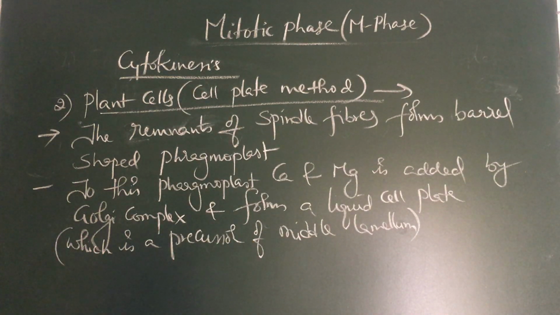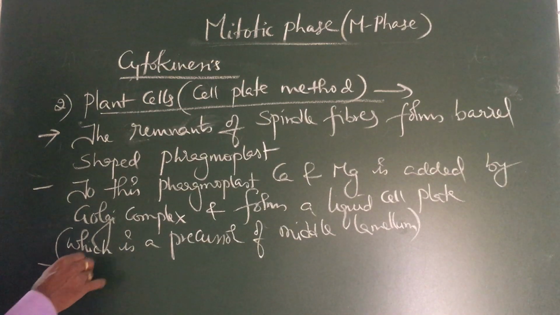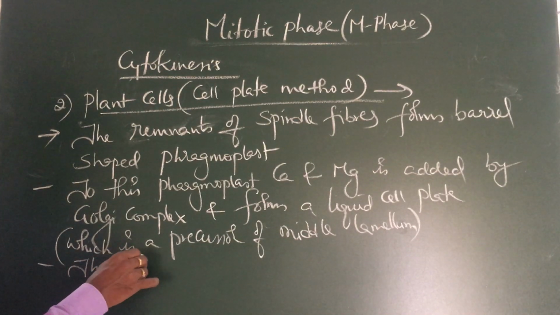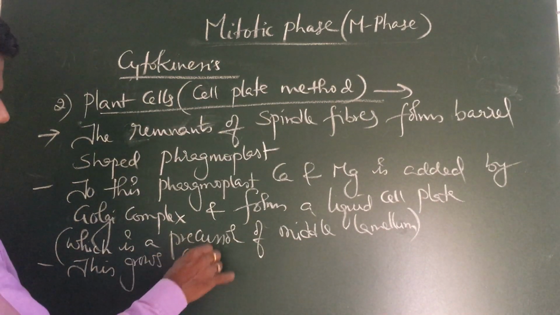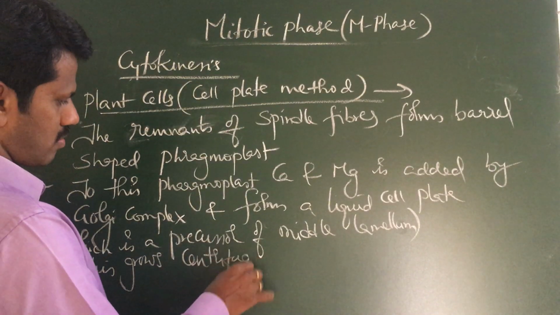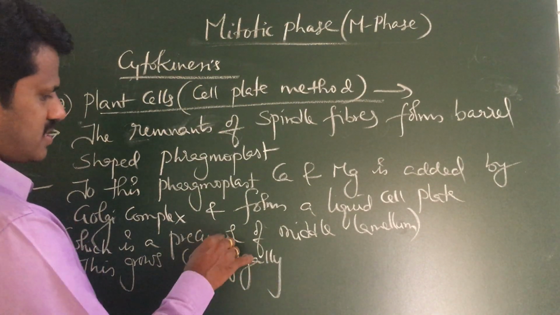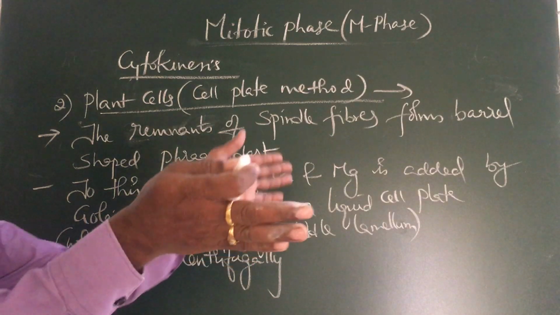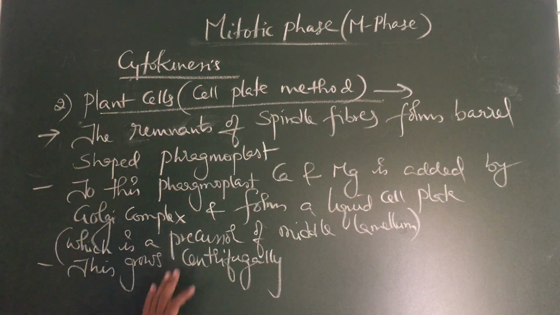Then that will grow centrifugally. Centrifugally means from the center to away. Away from the center is called centrifugally, and it joins with the parental cell walls.